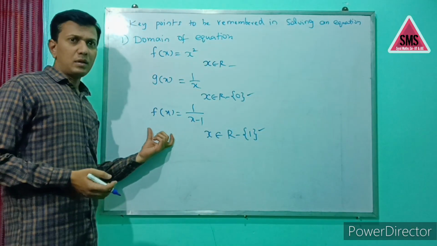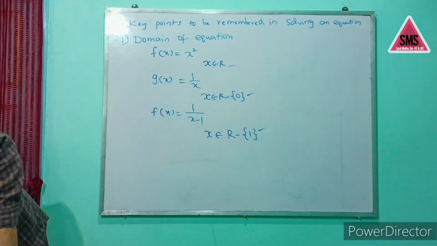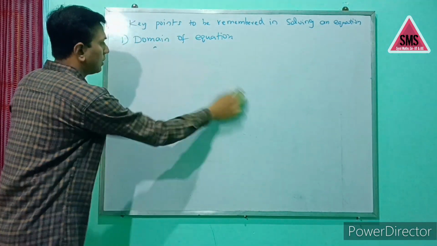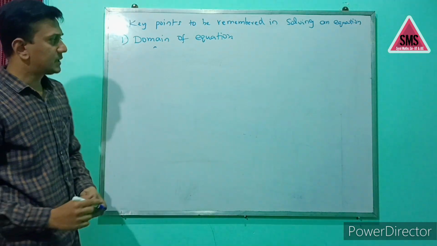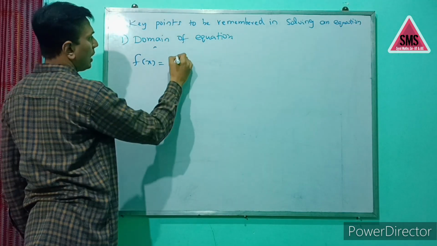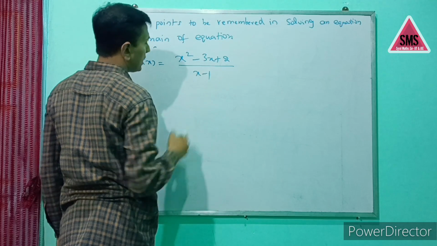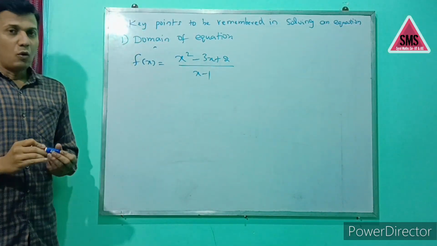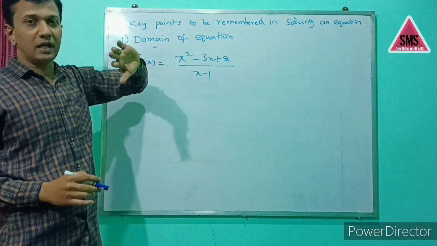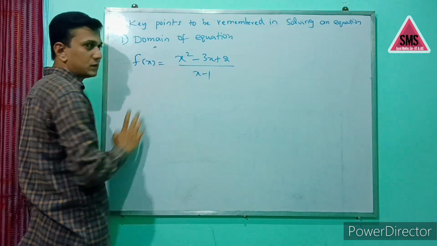This is a small example. Now, if you take some other examples where we have expressions like this, f(x) equals x squared minus 3x plus 2 by x minus 1. Now, whatever x value we are going to consider for solving the equation, it must be suitable for both parts.